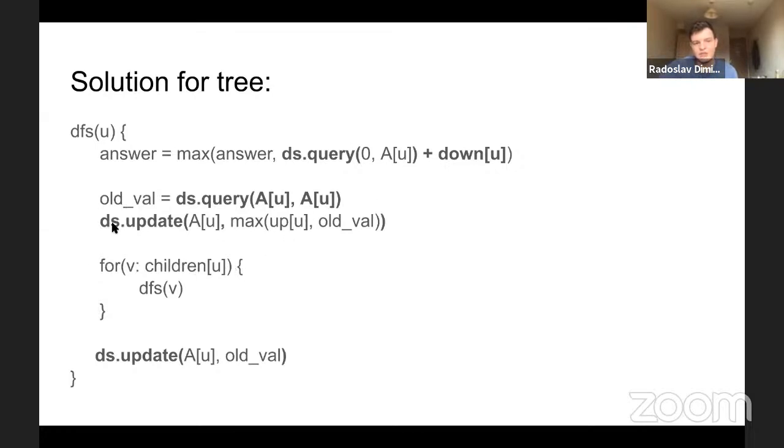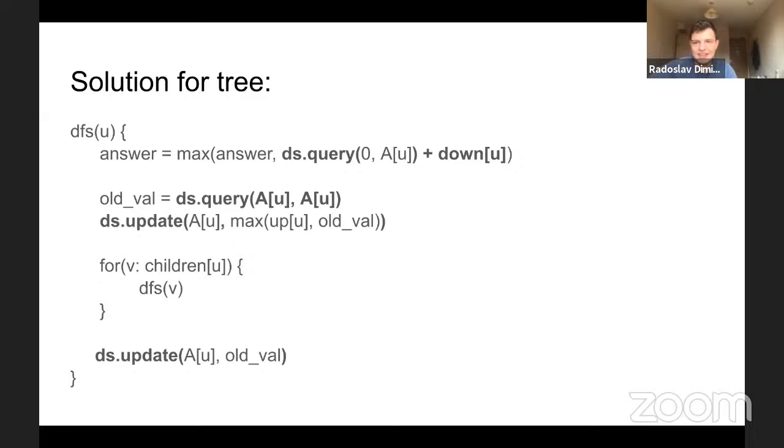After that, we update with the new value and go for all children. In the children, you would again compute everything, and after you finish the child, you would roll back the update from the child. And you would still have the same invariant of the DS, holding the answer for the paths from the root to the current vertex.